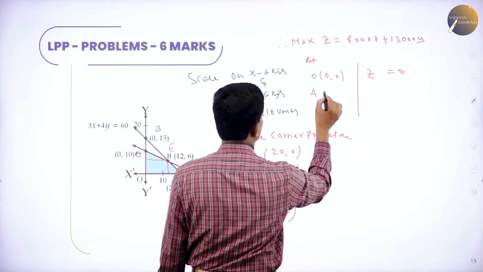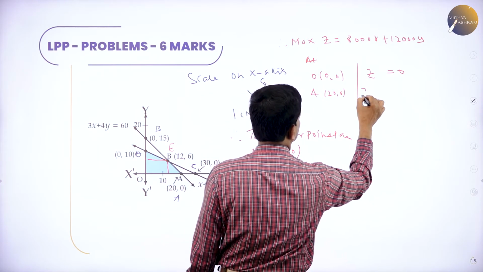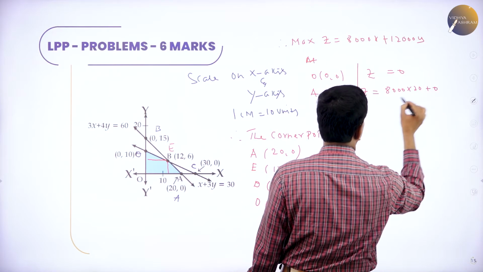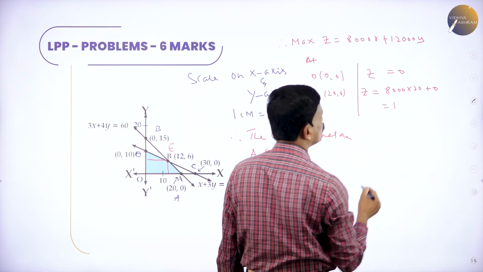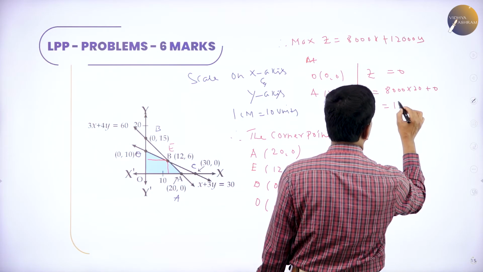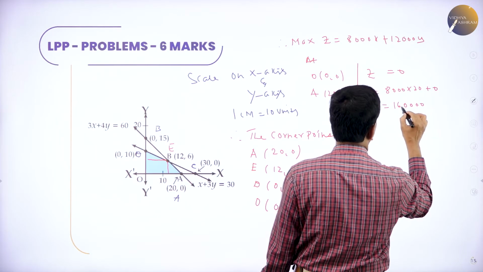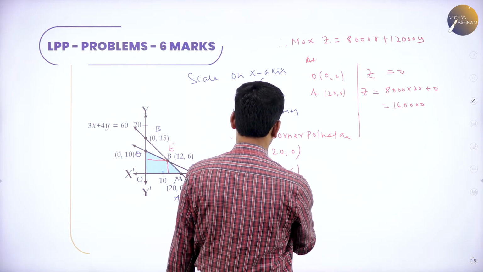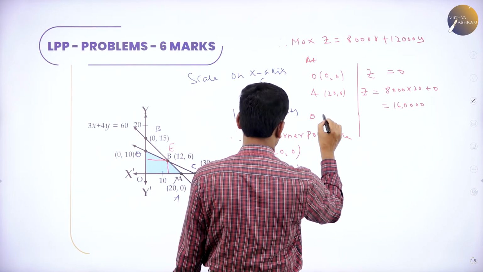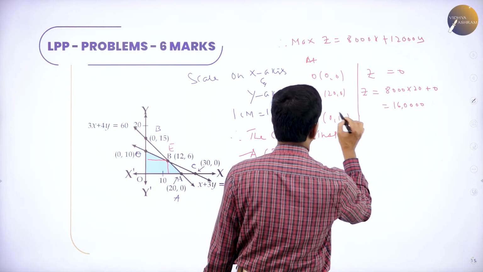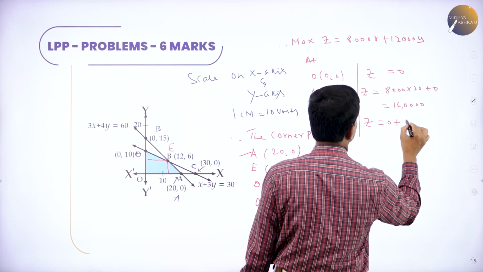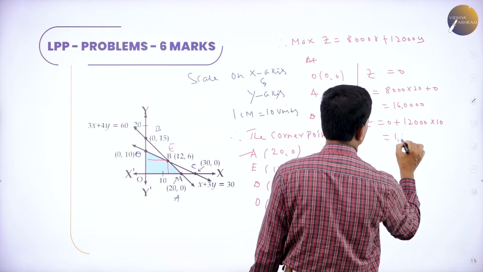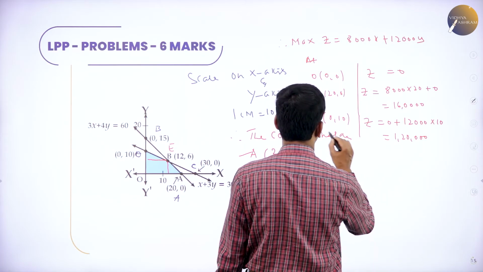At A 20, 0, Z is equal to 8,000 into 20 plus 0, which is 1,60,000. Next, at D 0, 10, Z is equal to 0 plus 12,000 into 10, that is 1,20,000.